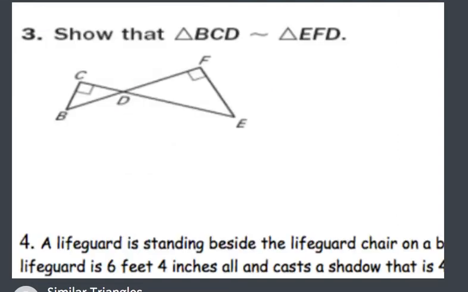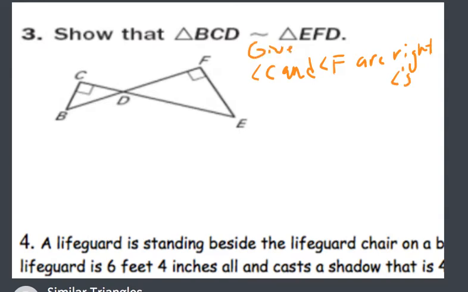For number 3, it says to show that triangle BCD is similar to triangle EFD. We're going to start with saying that angle C and angle F are right angles. And that's given.